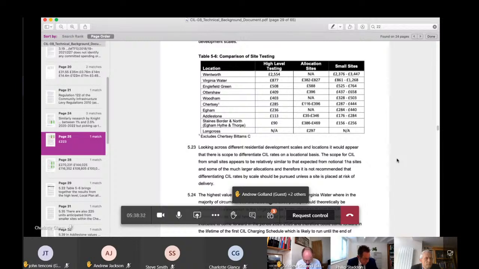Same for Zone C, where the charge was 185, and the modification is to 180, so a slight reduction. Am I right in thinking there's quite a few local plan sites in Zone C? It'd be useful to have the policy numbers. Sure. So we'll start off with policy number SL2, which is the Broxend Nursery site.